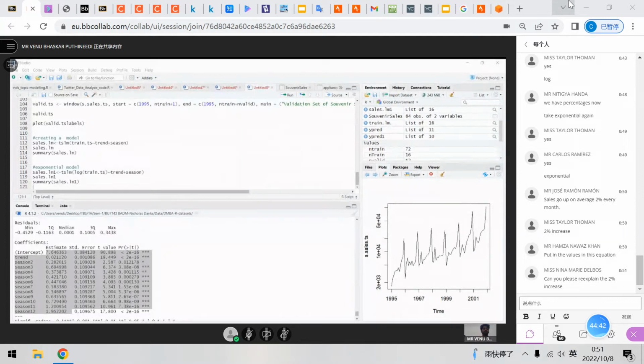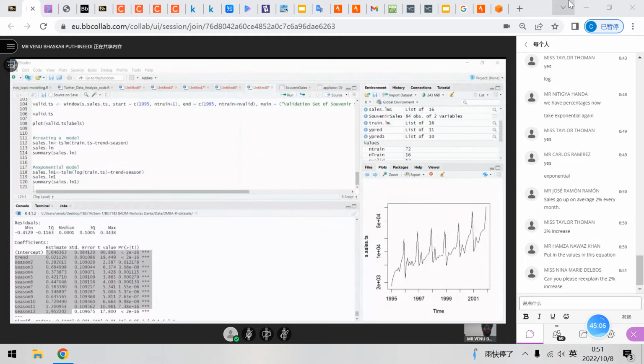yeah, so the 2% increases. Here we get information in terms of percentages. Initially, we had information in terms of dollars. With every month, there's an increase of $245 on average. That is for regular data. But here we get everything in terms of percentages. So 0.02 is 2% essentially.